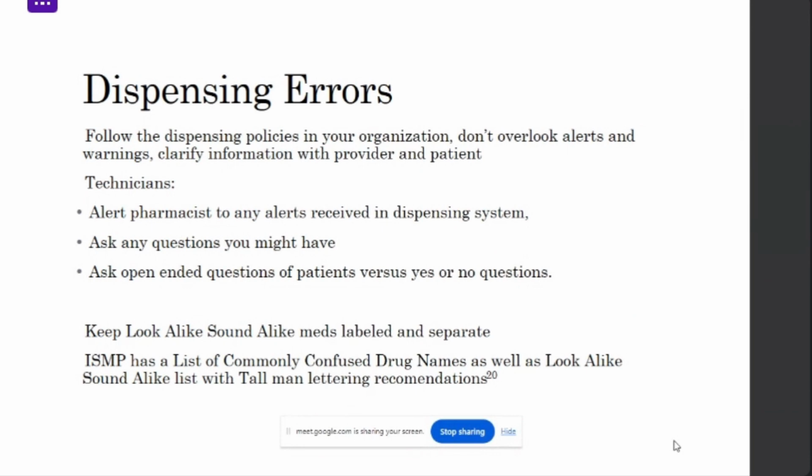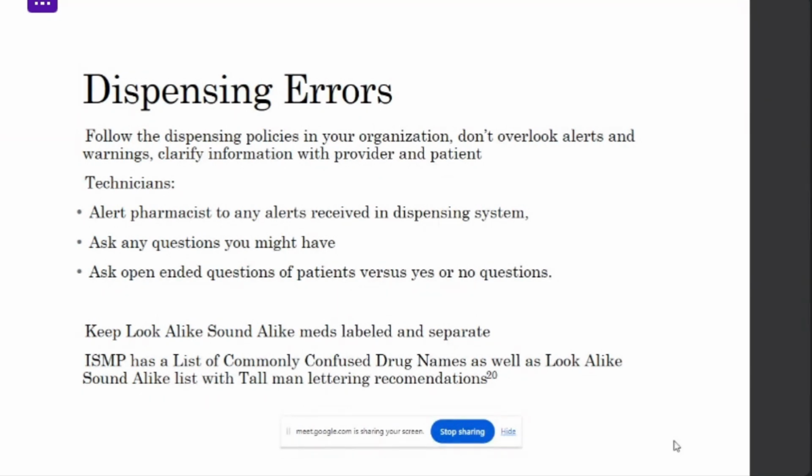So pharmacists, technicians, nurses, everyone will be adhering to this, and there will be a separate section for similar looking drugs or drugs that have similar names. So we will be having this kind of errors over here. This is very much common, and the technicians and the nursing staff, everyone is involved in this.